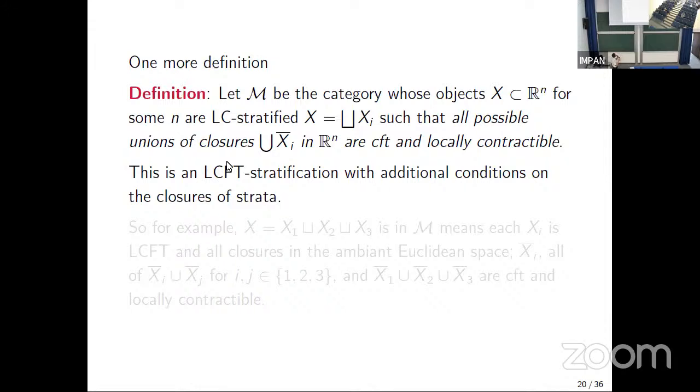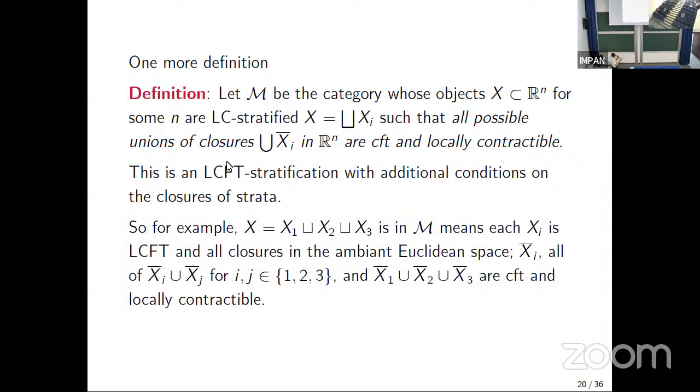So this is the last thing I introduced, the last Lego category I introduced. This is my Lego category, which we called M. So these are all subspaces in M, they're locally compact, and stratified. And now what I want is that the closures of the strata are finite.